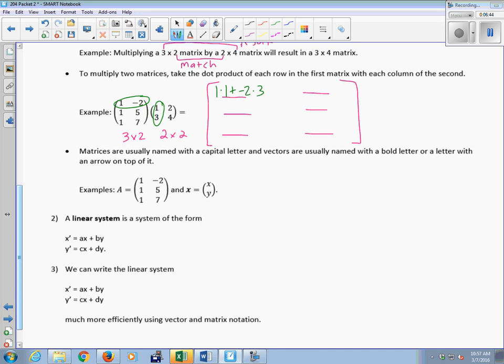Right, the dot product means multiply corresponding entries and then add them together. I always picture taking this row that I'm multiplying by, picking it up off the board, rotating it 90 degrees, laying it on top of the column I'm multiplying by, multiplying the things that line up, and then adding them together.